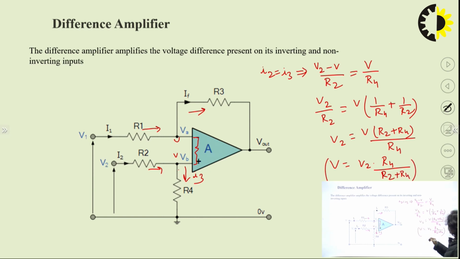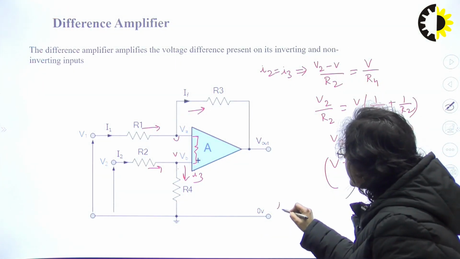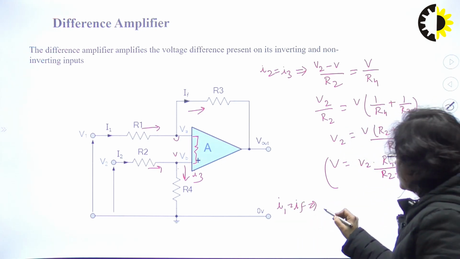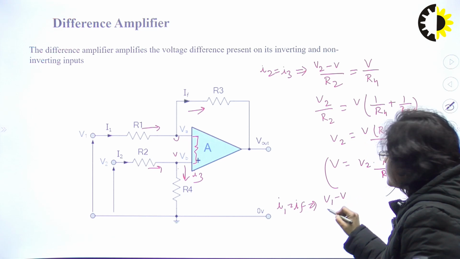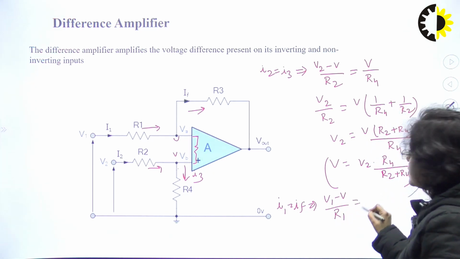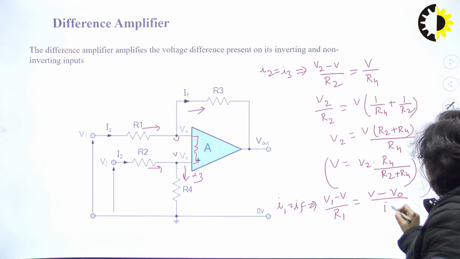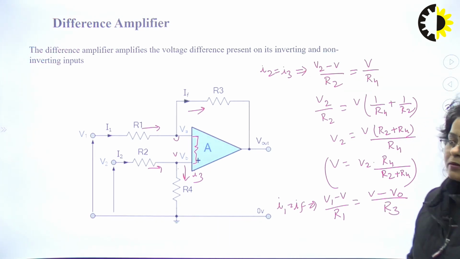This V value is substituted into the next KCL equation, which states that I1 equal to IF, that is V1 minus V by R1 is equal to V minus V naught by R3.